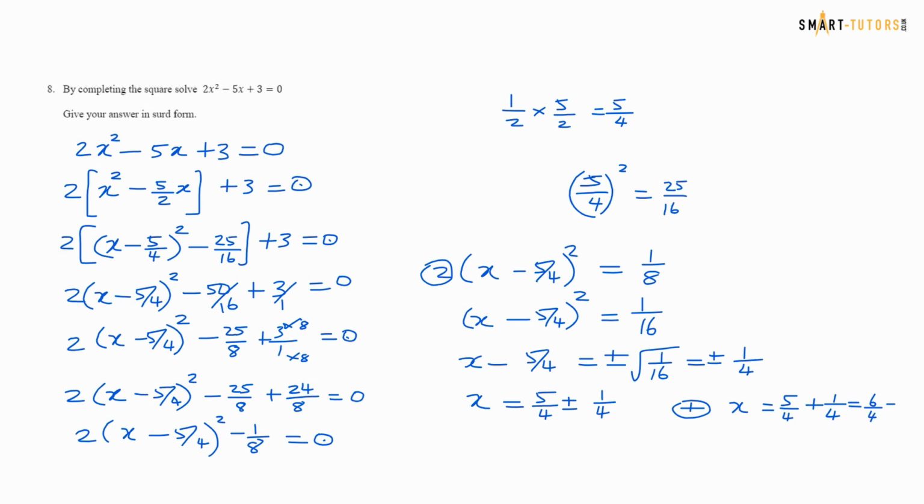The final answer is 3 over 2. If you consider minus, x equals 5 over 4 minus 1 over 4 equals 4 over 4. The answer is 1. So that is the answer for question number 8.